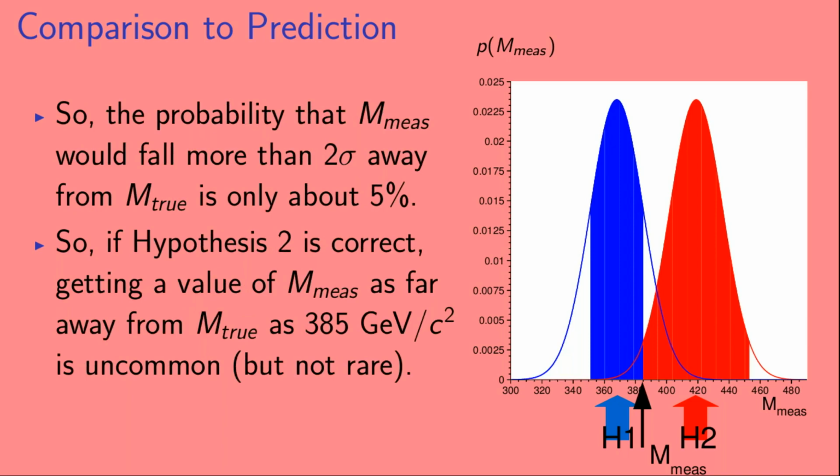So the probability that m measured would fall more than 2 sigma away from m true is only about 5%. So if hypothesis 2 is correct, getting a value of m measured as far away from m true as 385 GeV/c² is uncommon, but not rare.